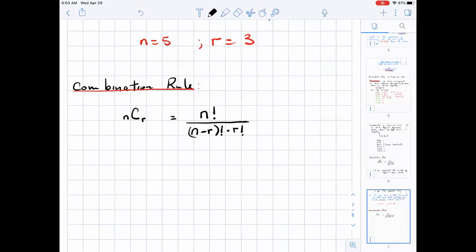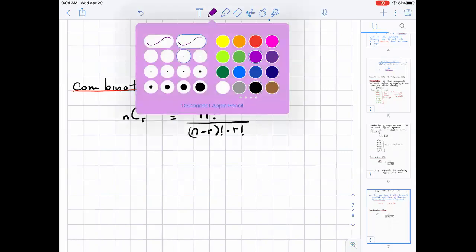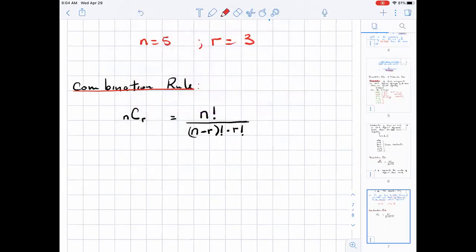As you can see, the combination will be a smaller number because the denominator here is larger. Your denominator will be a larger number because you're now multiplying by an additional number. And N and R are the same.